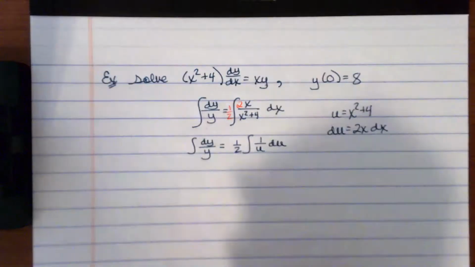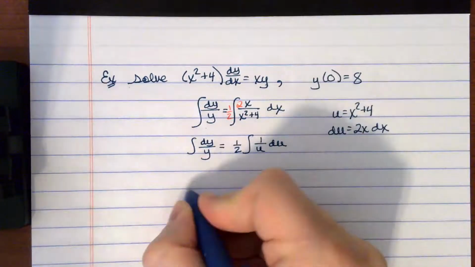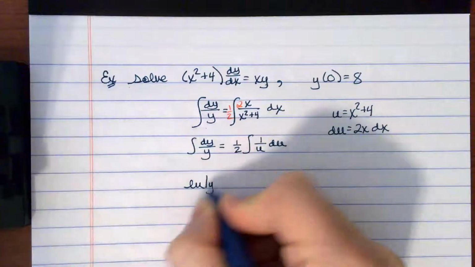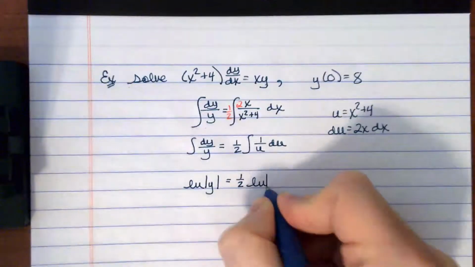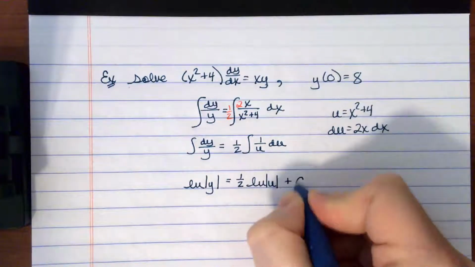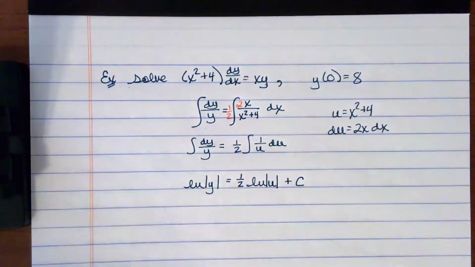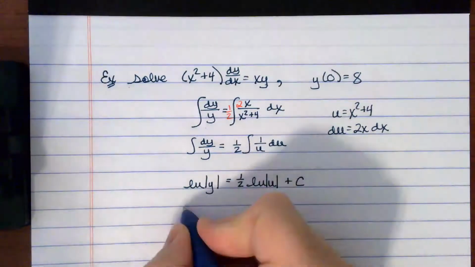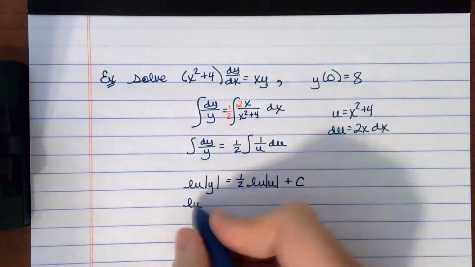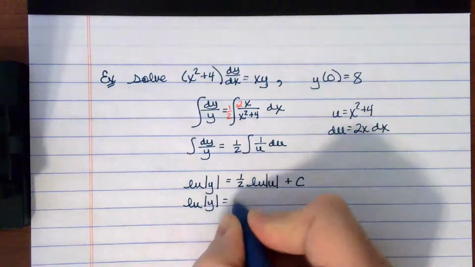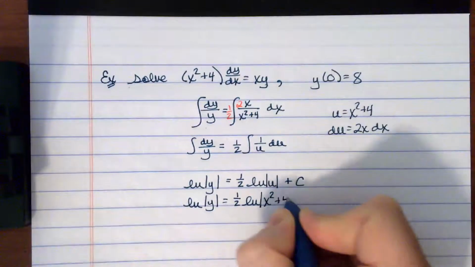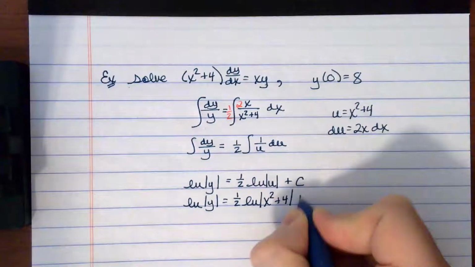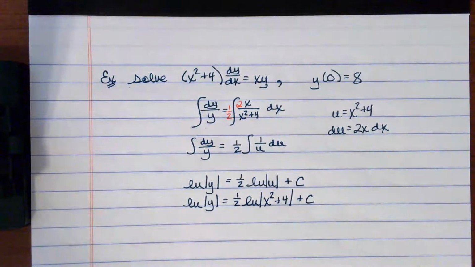We're going to integrate both sides. The integral of 1 over y dy is the natural log of the absolute value of y. On the other side, 1/2 times natural log of the absolute value of u. And since that was the side with the x's, I'll stick my constant over there. Let me replace the u with x squared plus 4. Now for some simplifying.